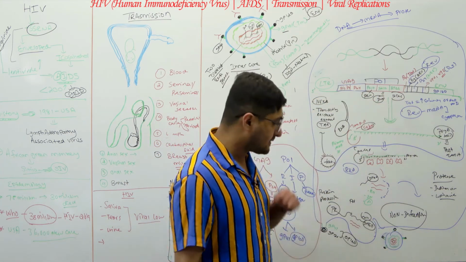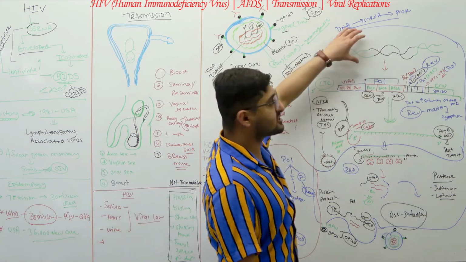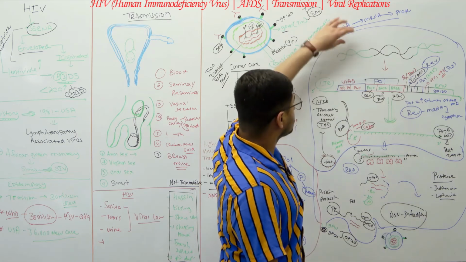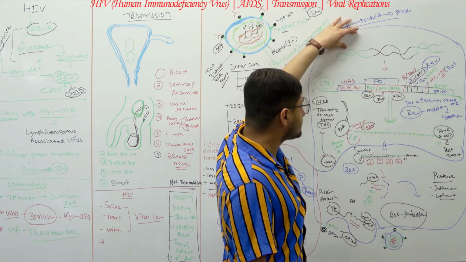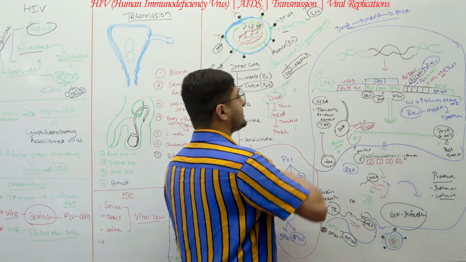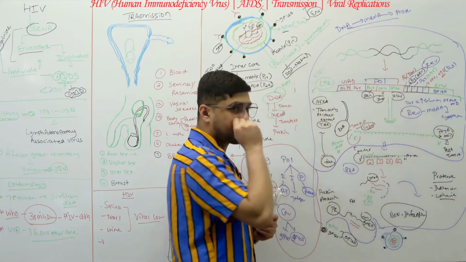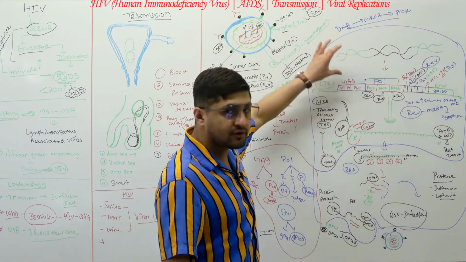Now, quickly, what is the first thing that happens? We'll quickly review this because it's very important. The first step is attachment to glycoprotein 120. Then fusion happens with glycoprotein 41.